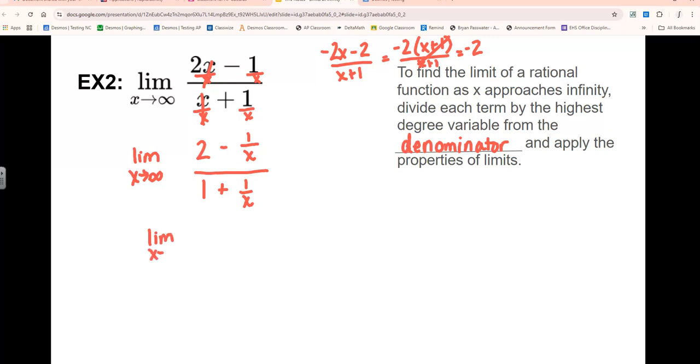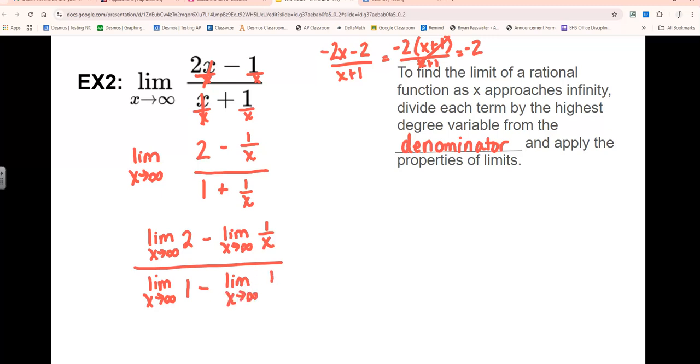That means I'm doing the limit as x approaches infinity of 2 minus the limit as x approaches infinity of 1 over x, over the limit as x approaches infinity of 1 minus the limit as x approaches infinity of 1 over x. Again, I never write that out, but that's what's happening in this next step.